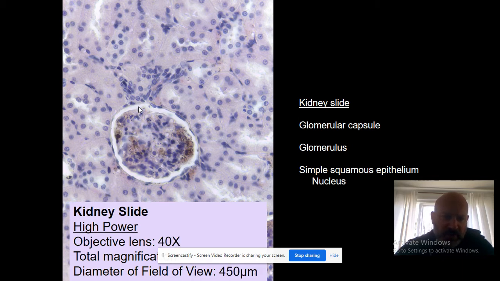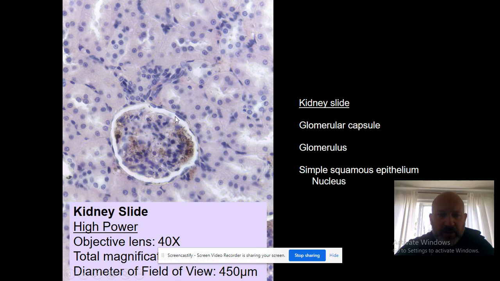This is a high power view, so a 40x objective lens. Zooming in, now we have a field diameter of 450 micrometers, but you can see there's that knotty arrangement of capillaries called the glomerulus, and we see this clear space that surrounds it. So as the unfiltered blood is spinning around through here, the items that are leaving the blood are filling this space here.